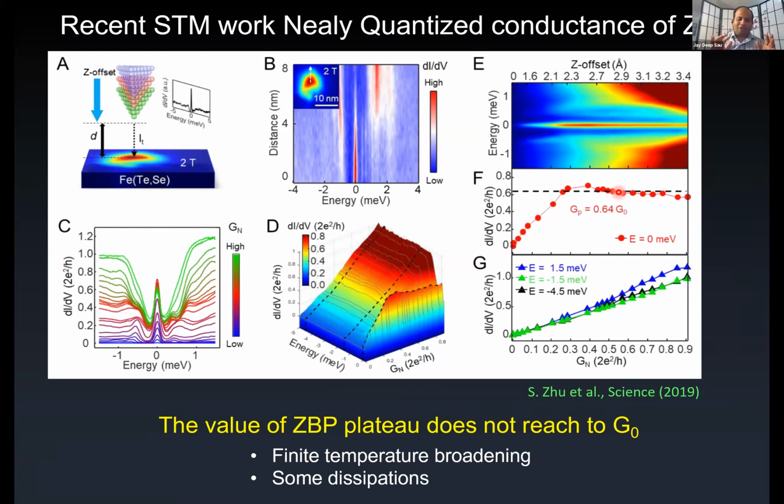If what you said is true, that it's just deconvolution, then of course it doesn't matter. But if it's actually 2e squared by h, to me that puts iron superconductor ahead of Majorana nanowires right now. So it's a very important issue to resolve and reproduce. I think so. Okay.